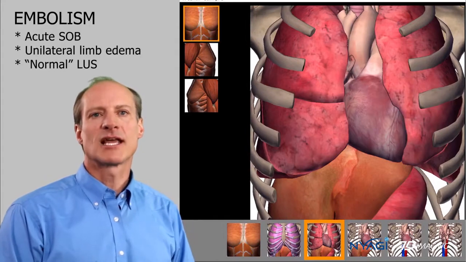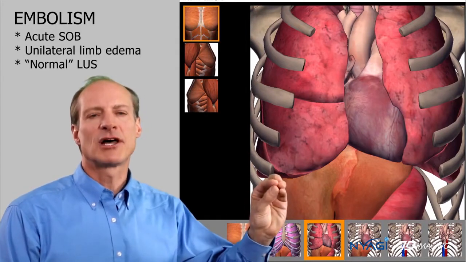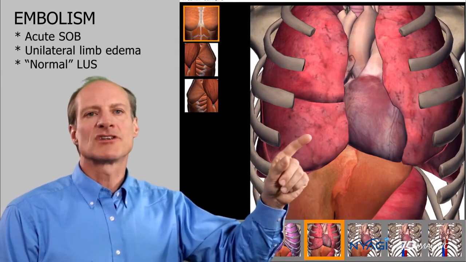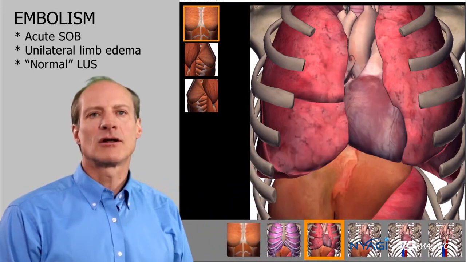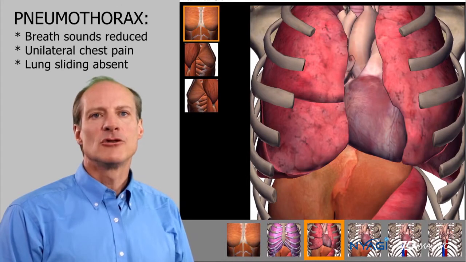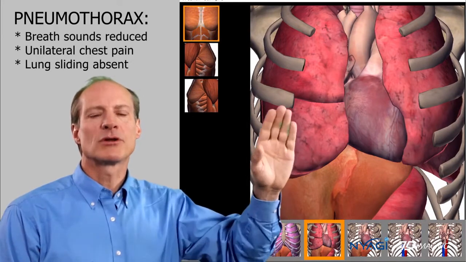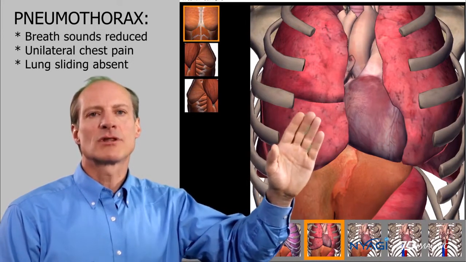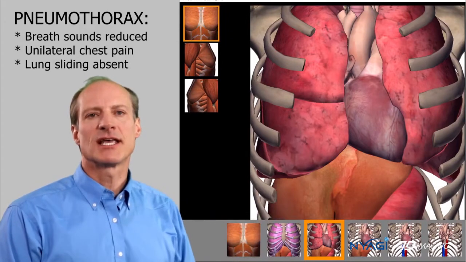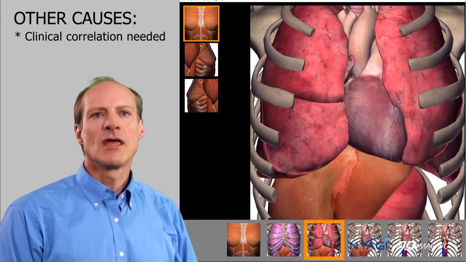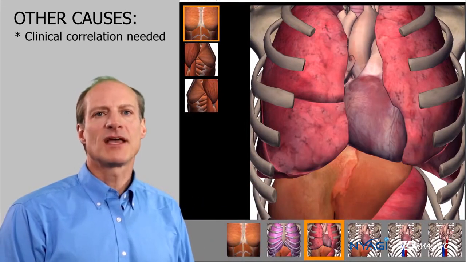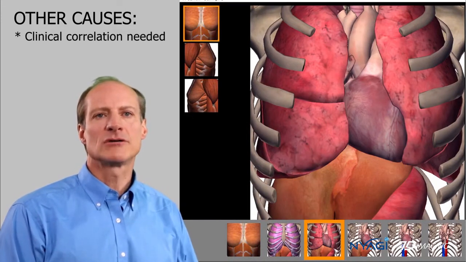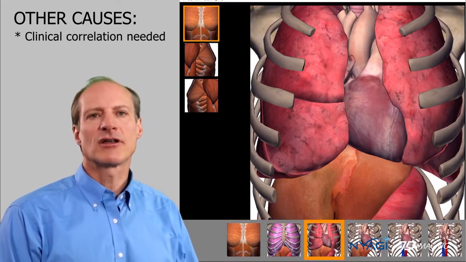A pulmonary embolus that causes a blockage of blood flow to the lung can cause shortness of breath and is usually associated with a normal appearing lung on ultrasound. Pneumothorax, or air between the pleural spaces, can be seen with ultrasound, even better than chest x-ray. There are many other causes for shortness of breath, but in the face of COVID-19, it's important to understand the clinical scenario that you're studying.